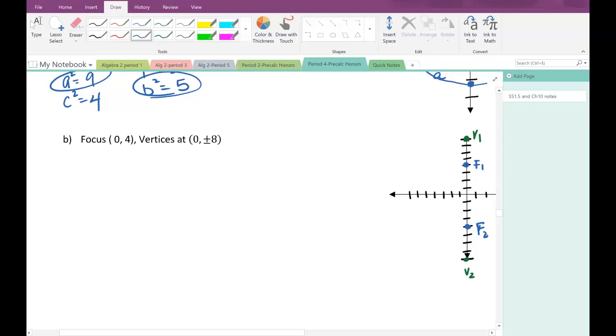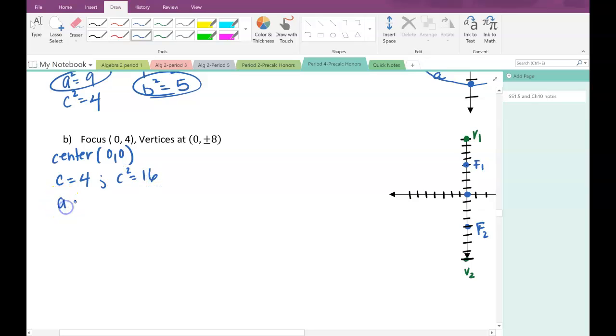Okay, now we know the center is at 0, 0 because the center is right in the middle of the 2 vertices, or right in the middle of the 2 foci. So if I know the center, which is right here, I know c equals 4 units, and c squared is 16.